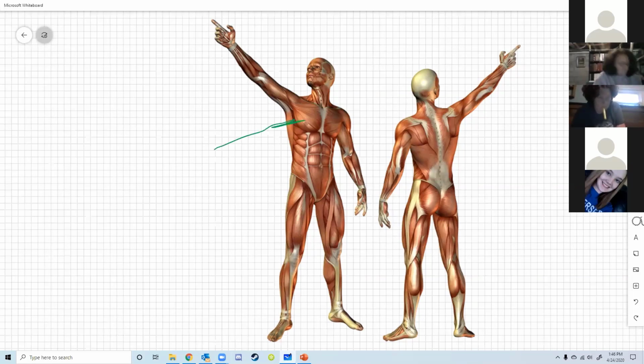Okay. If y'all can't see it, just let me know. I'll be happy to try to change something around. The major ones we learn on the trunk, actually the back, for the posterior, are these right here.